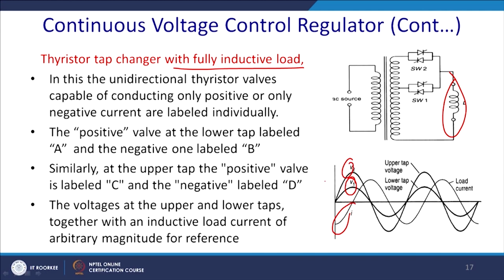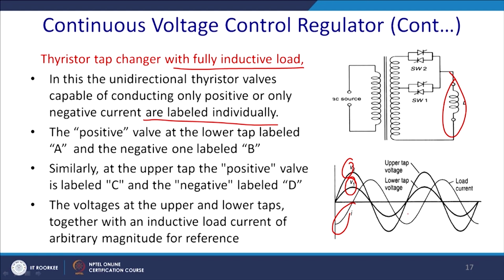In this case, the unidirectional thyristor valves, capable of conducting only positive or only negative current, are labeled individually, because the current has to be in this cycle.